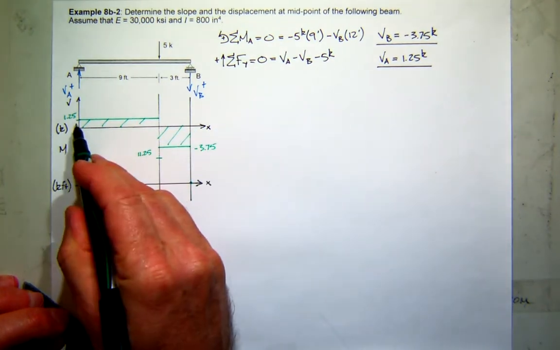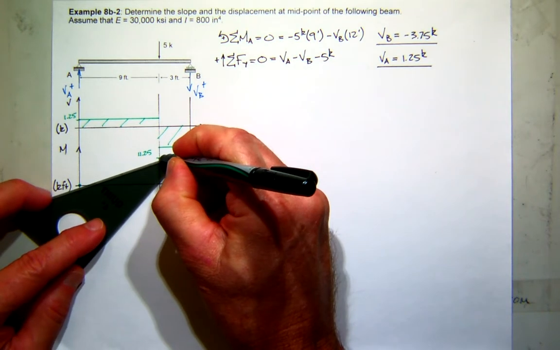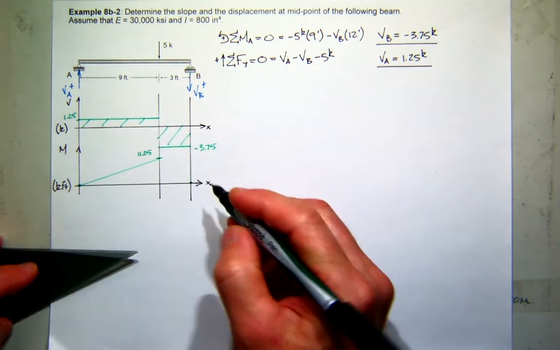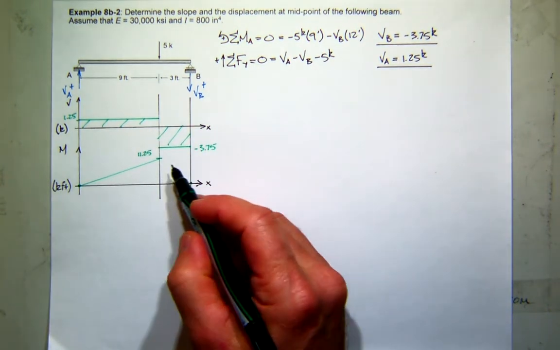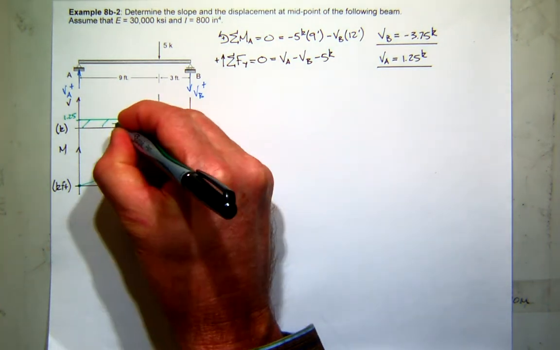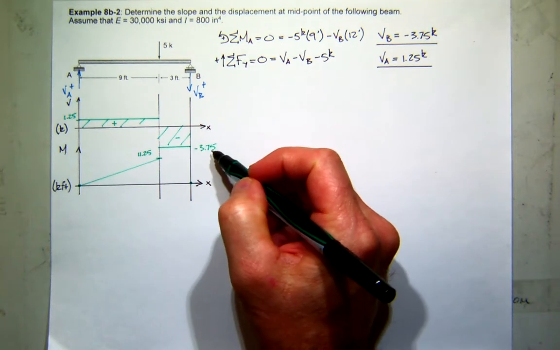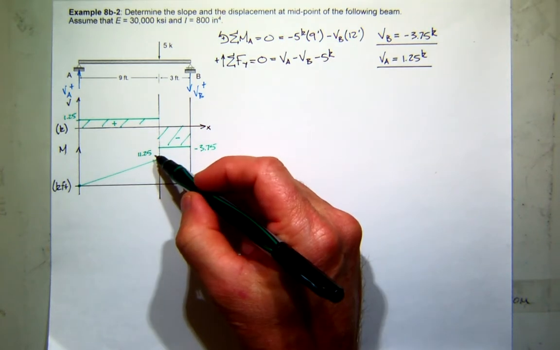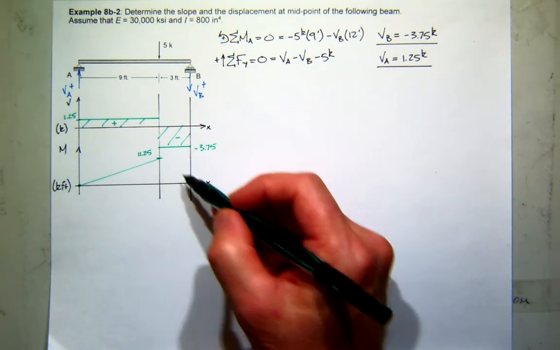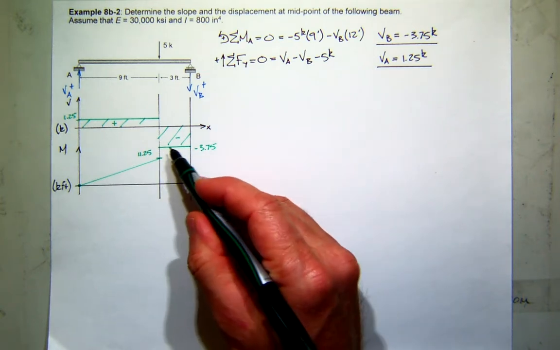And the shear is constant, positive, so we have a constant positive slope. And then the change in moment over the last 3 feet should be the area of this part of the curve. The first was a positive area; this is a negative area. So that's 3 times 3.75, which is negative 11.25. And that brings us back to 0. The shape of the curve is given by the slope.